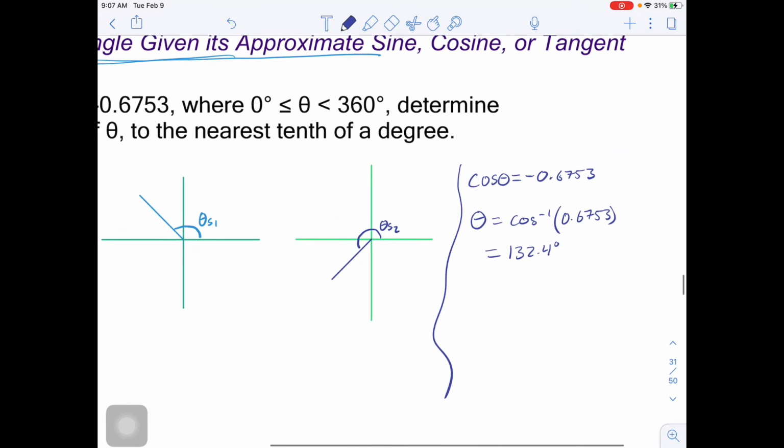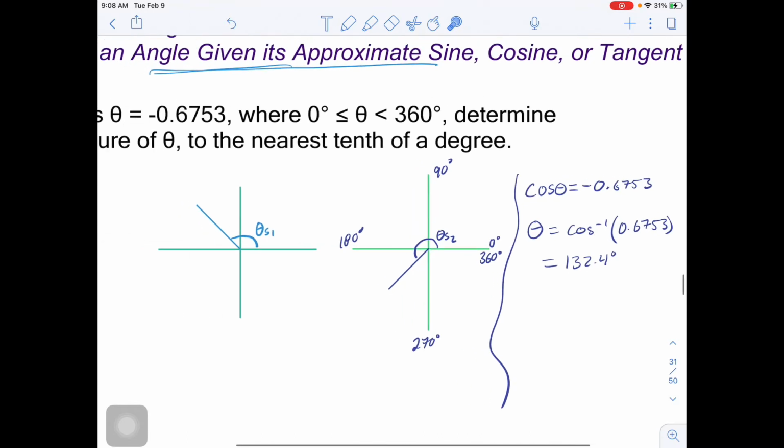Now, let's determine where that's found. Here we have 0, 90, 180, 270, and 360 degrees. Now, 132.4 degrees is not going to be found here because that's over 180.